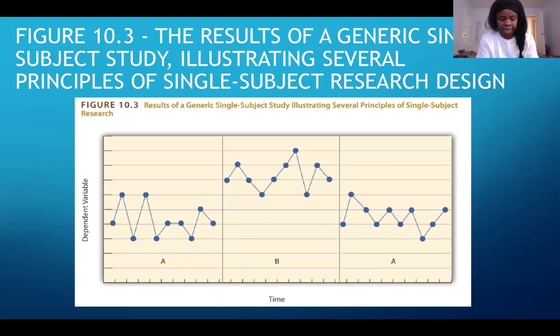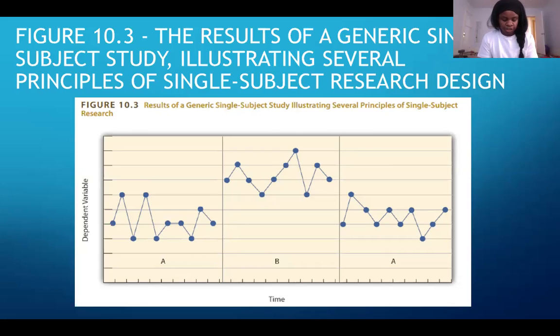He's going to explain how single subject research designs address the issue of internal validity. And then lastly, he's going to show us how to interpret the results of simple single subject studies based on the visual inspection of graphed data, okay?